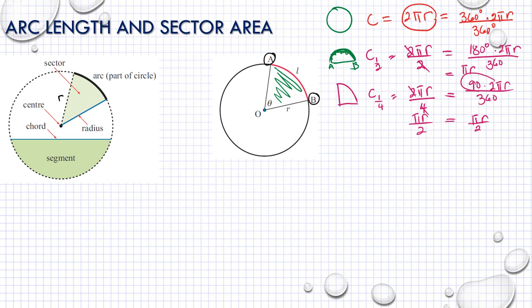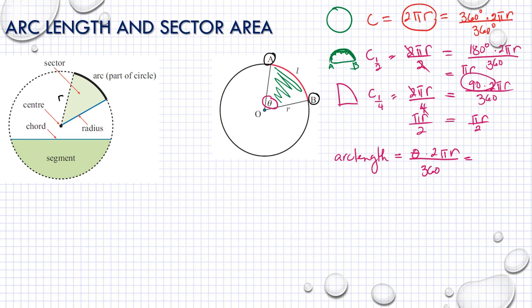Now in any arc length, if we generalize what we have discussed, we have arc length equal to theta, you see that I used degrees here, theta multiplied by 2 pi r divided by 360 degrees.